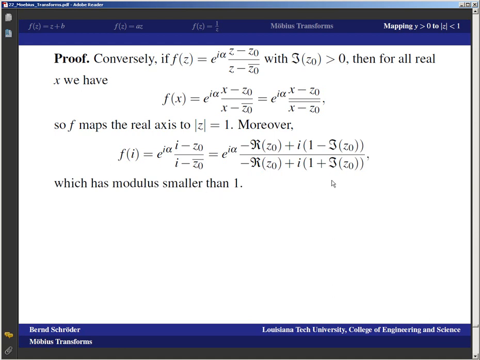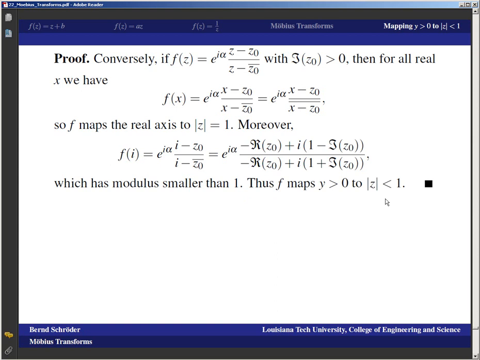That has a modulus smaller than 1, again, because the imaginary part of z0 is greater than 0. So that means that if I take the square of the absolute value up here, then that is smaller than the square of the absolute value down here, and that means that the modulus is smaller than 1. Okay, so f maps therefore the upper half plane to the unit disk. And that's what we wanted to prove.